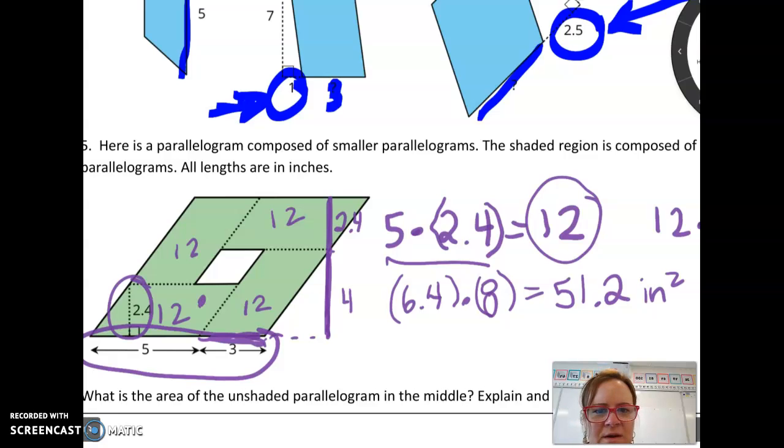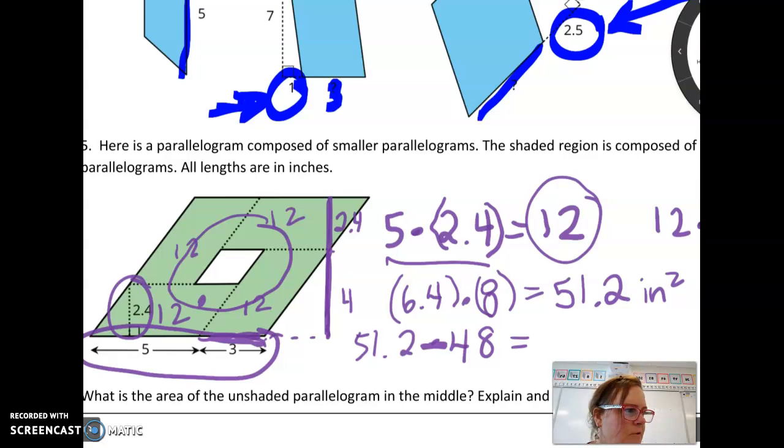So what are we going to do? We're going to take the 51 2/10 and we're going to subtract 48. Why are we going to subtract 48? Because 48 was the sum of all 4 of those parallelograms. And so when we subtract, let's make sure we show the subtraction sign, 48, we're left with, sorry guys, I just want to make sure I'm double checking this and it didn't look right to me.